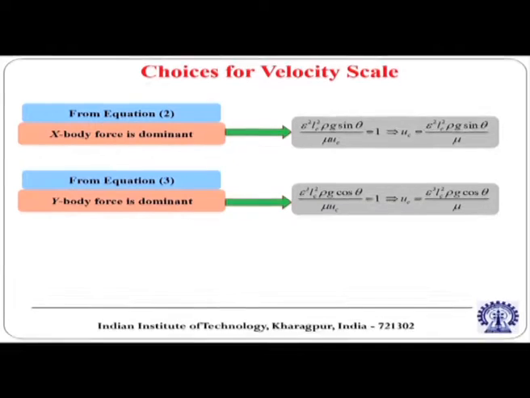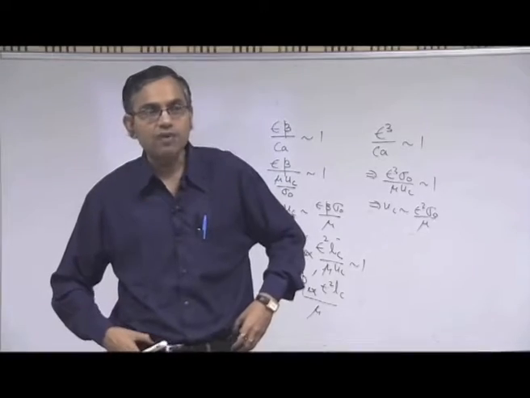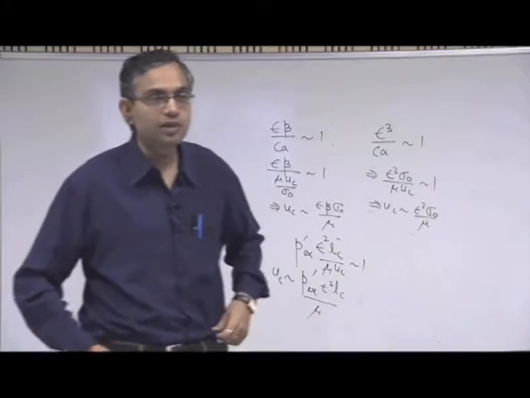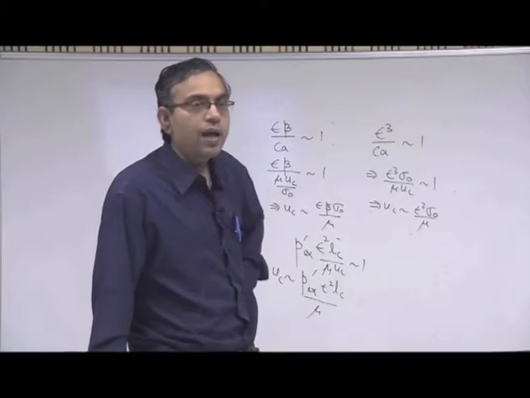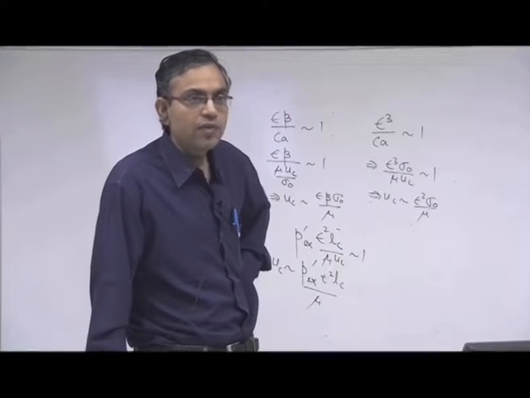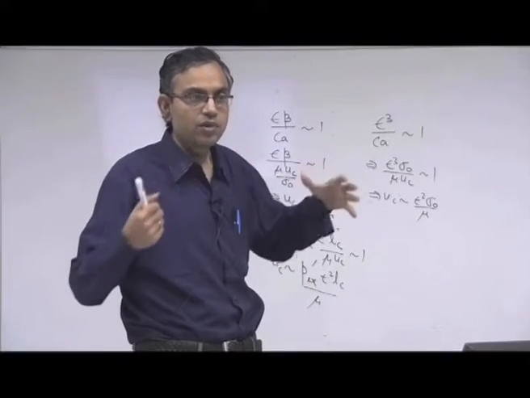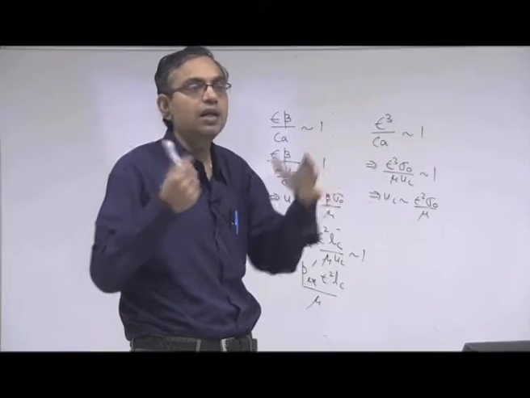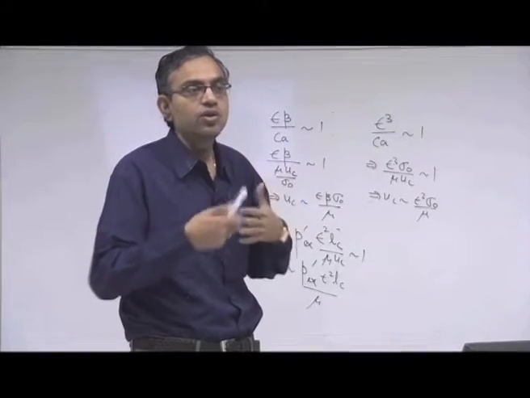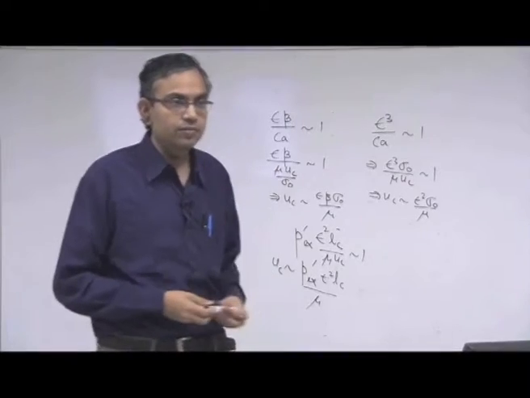Now we will make an attempt to derive the final version of the thin film equation, which we will apply to solve a problem, and that will give you a clear illustration of how these equations, which appear to be a bit cumbersome and interrelated, can be used to solve a practical problem.